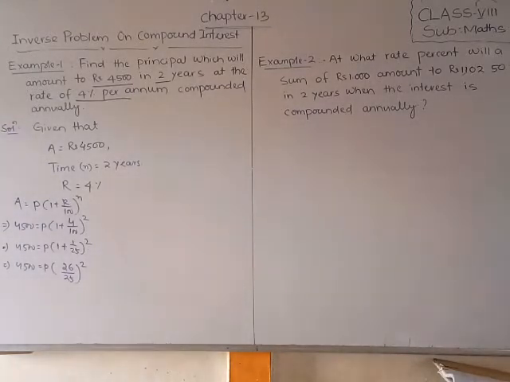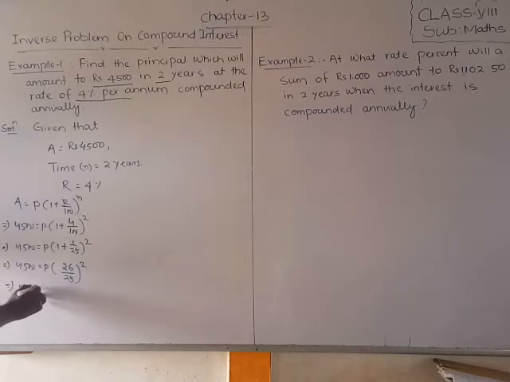Now 4,500 is equal to P into 26 by 25 into 26 by 25.